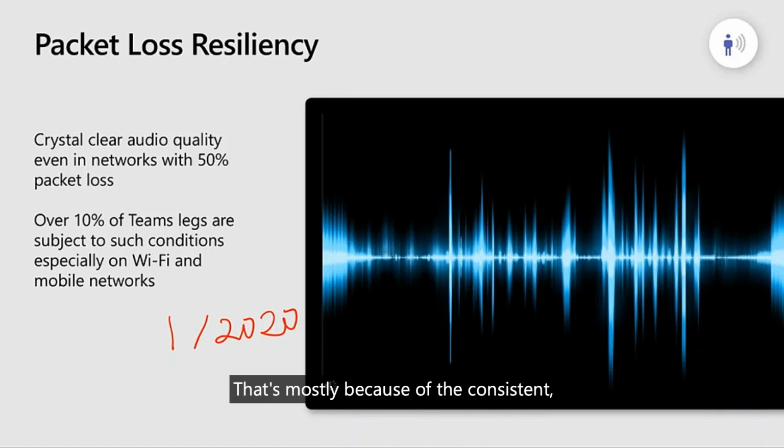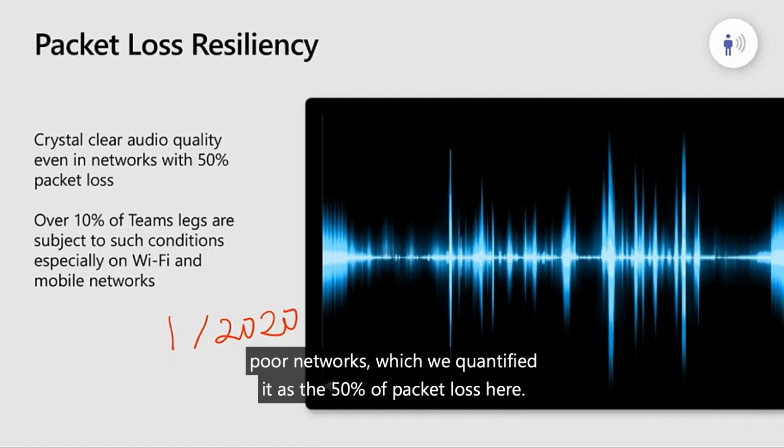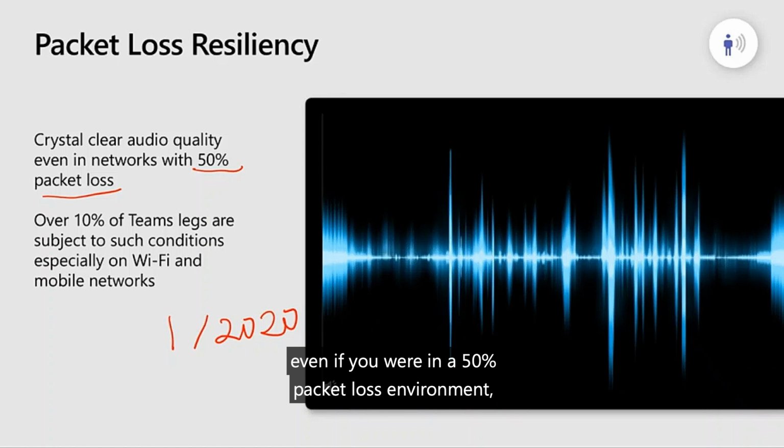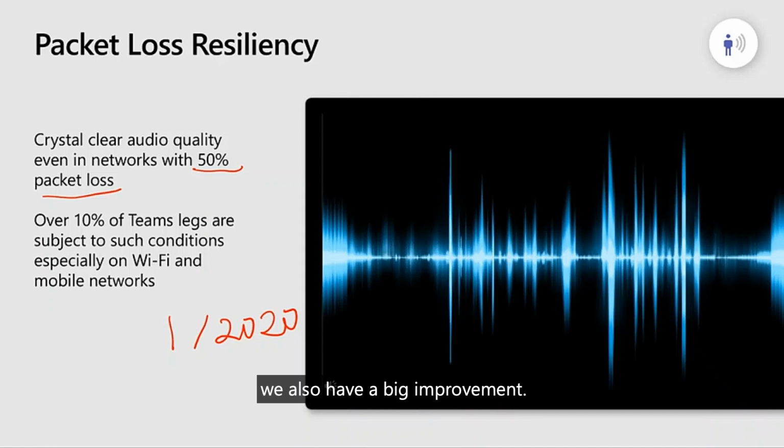That's mostly because of consistently poor networks, which we quantified as 50% packet loss here. So with this resiliency enhancement, even if you were in a 50% packet loss environment, we're still able to smoothen your voice.